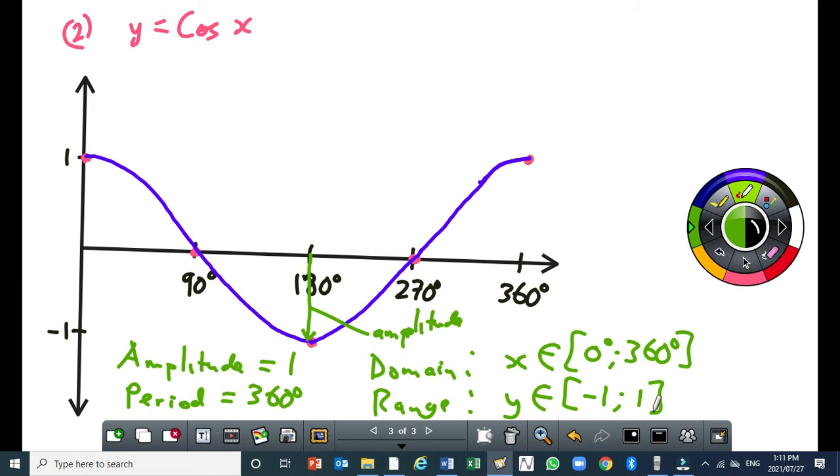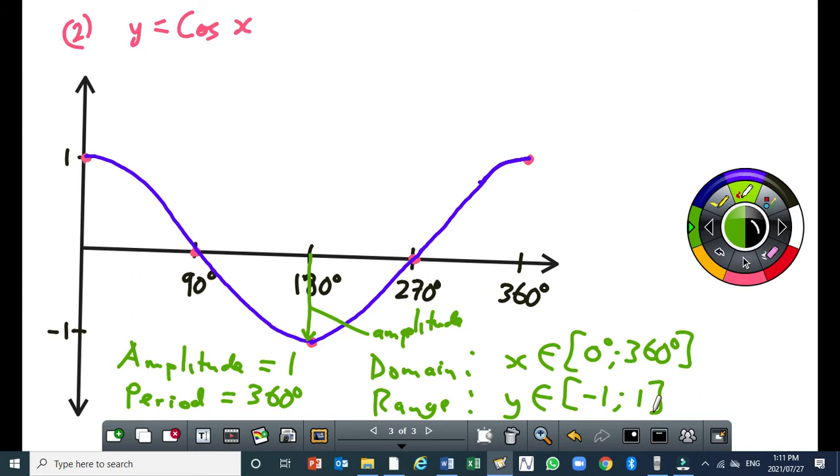So this graph here is the one which we are going to play around with to get other graphs of cosine. Whenever you get a question on the graph of cos, this must come into your head first. When you get a question on the graph of sine, the first one that I drew must come into your head first. So that's the one that you'll be playing around with.